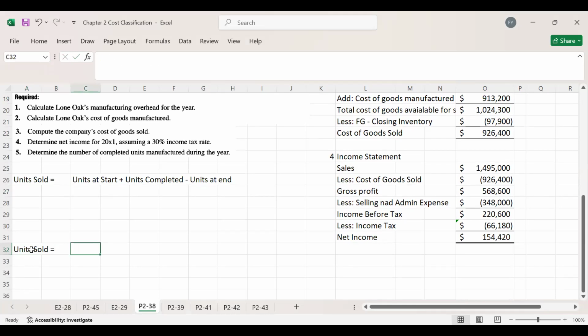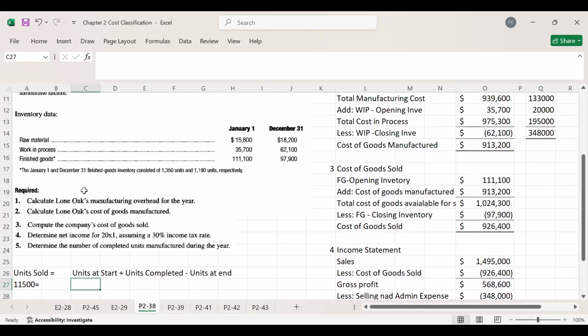In the rough work, we can calculate units sold. You can see that total sales are 1,495,000 divided by the per-unit sales price. So you can calculate the number of units sold, which is 11,500. On the other side, for finished goods inventory units, on 1st January the units at start are 1,350.